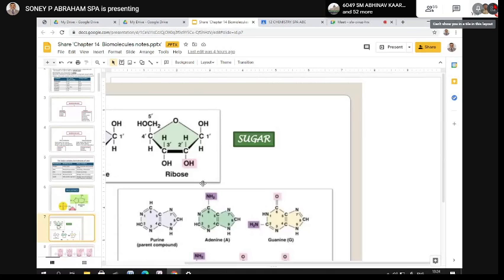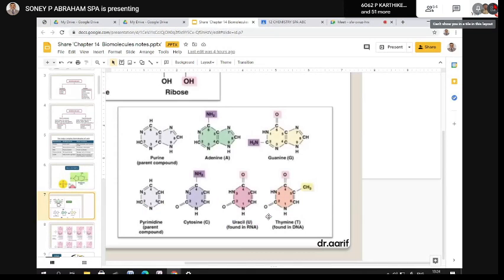And that combination of a pentose sugar and a base at the 1 prime position of the carbon of the sugar moiety is what we call a nucleotide.